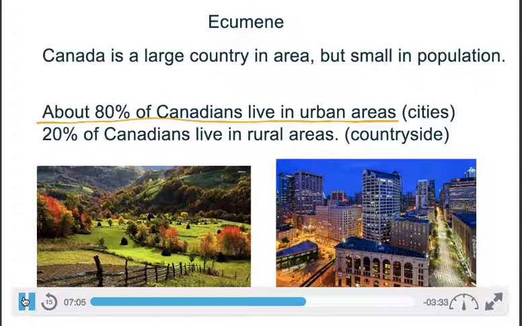Or another way to look at it is out of 10 people, 8 would live in a city. So very high. And the other 20% live in the countryside, in rural areas. As you can see, Canada, very unique, very different.